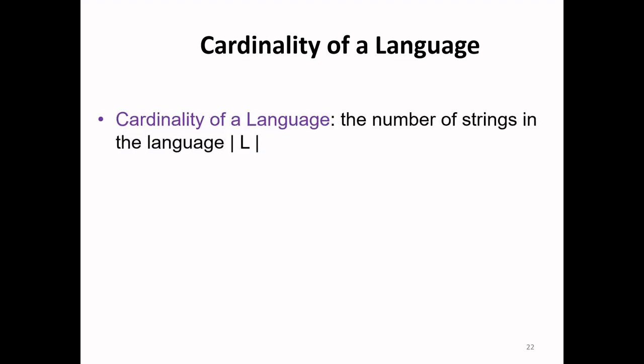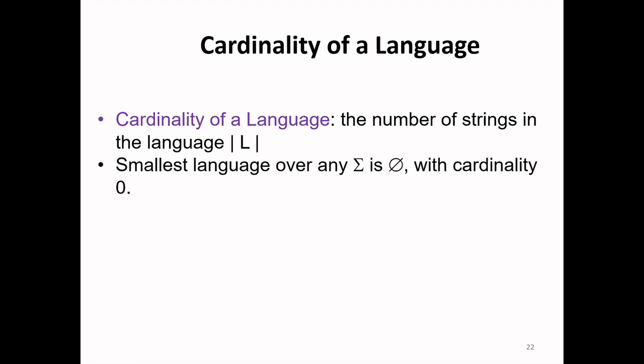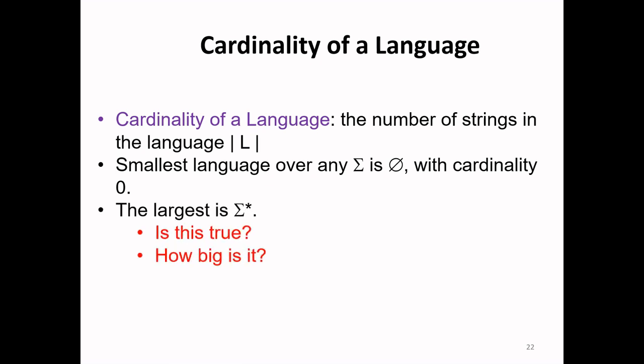The next definition to discuss is the cardinality of a language. Cardinality of a language is the number of strings in that particular language. The smallest language over any summation is null with cardinality 0, and the largest is summation star.